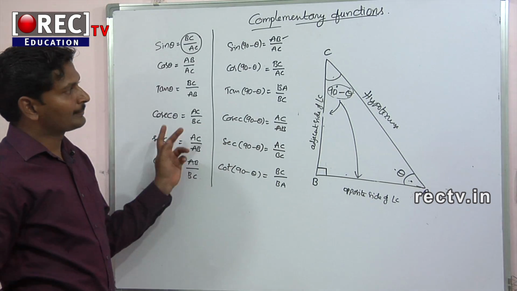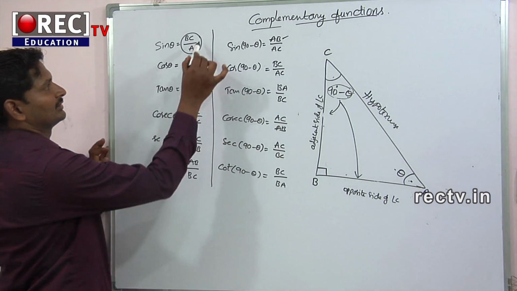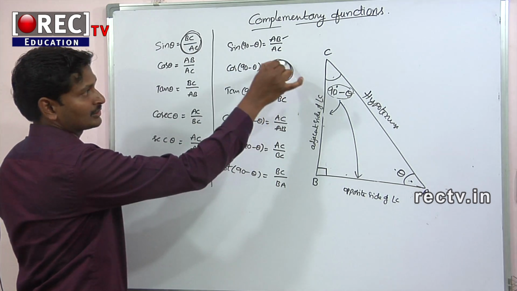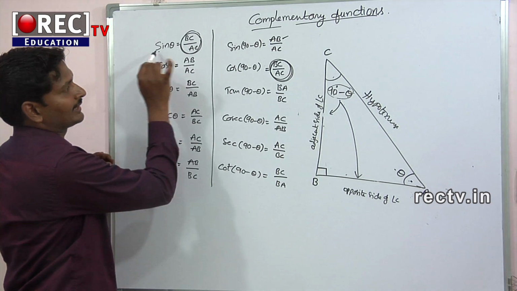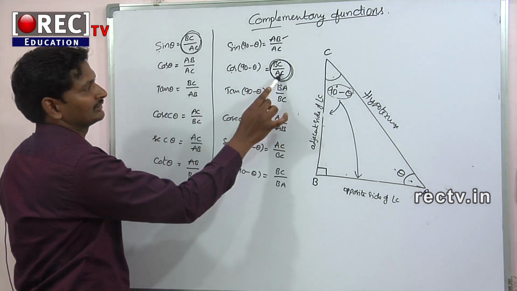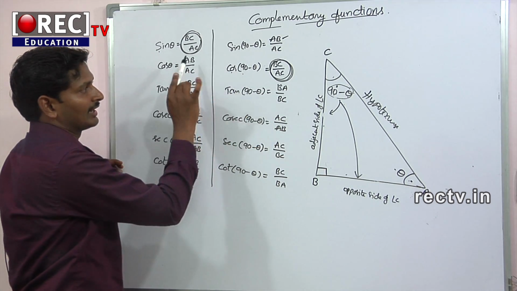Now we have to observe all these ratios. Here BC by AC, and here BC by AC. These two values are equal: this is sin theta and this is cos 90 minus theta. That means these two LHS are equal.